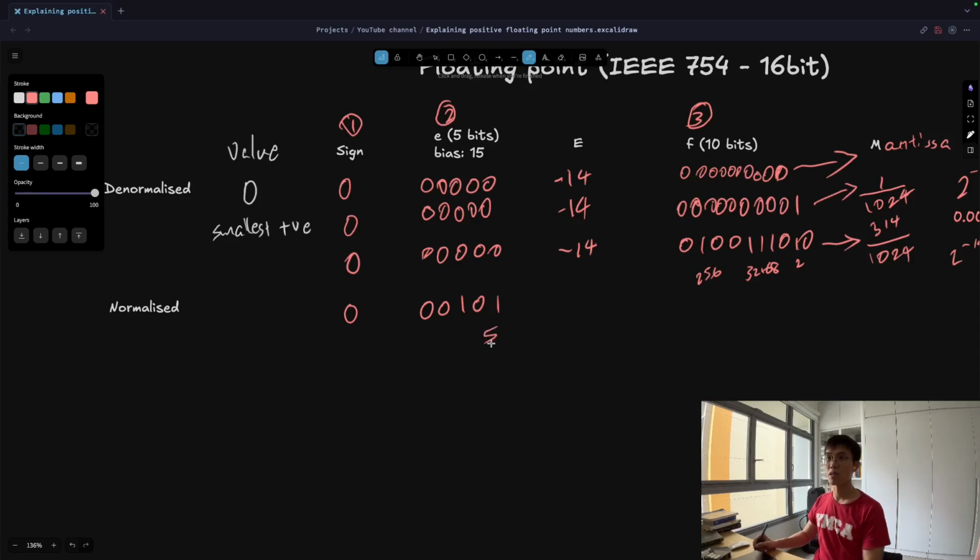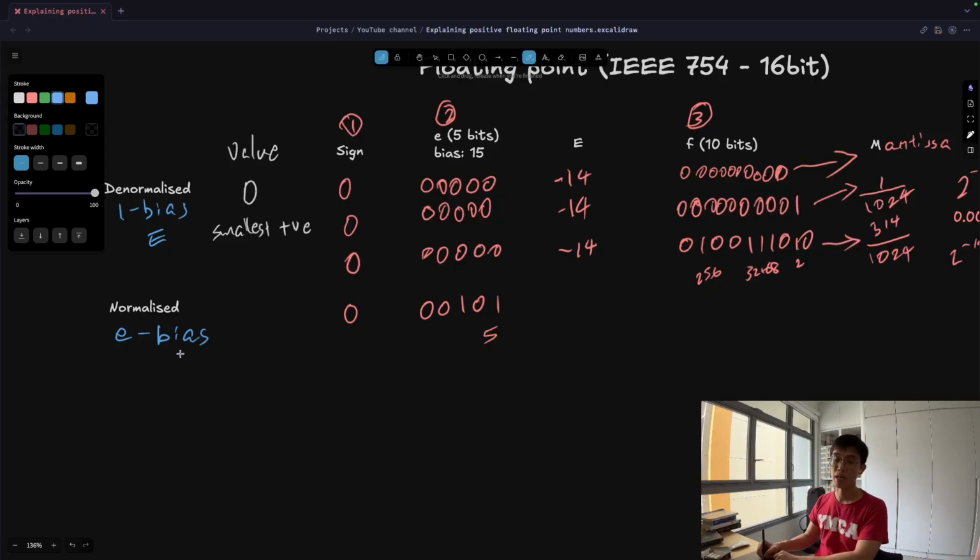For normalized numbers, instead of 1 minus bias for E, it is E minus bias. And that's the first difference.